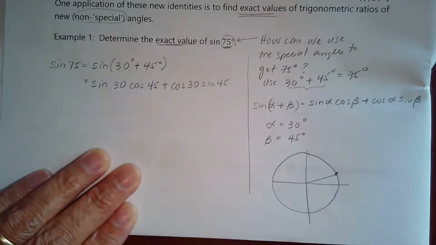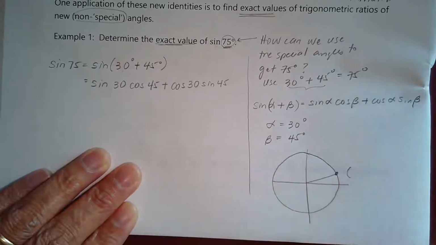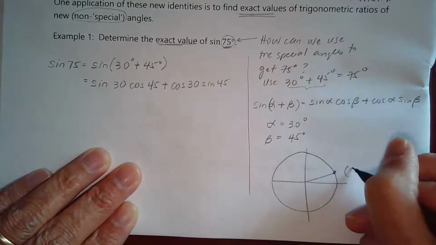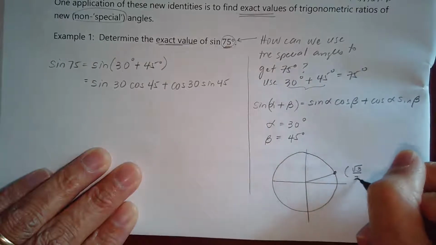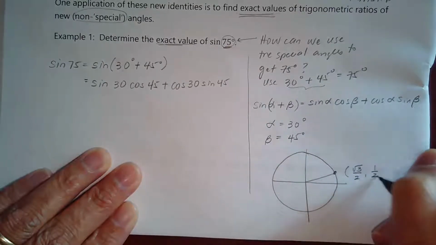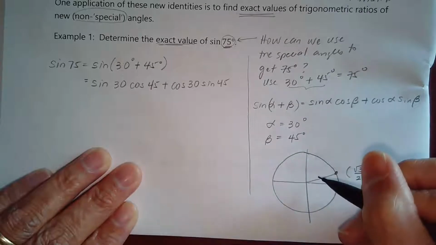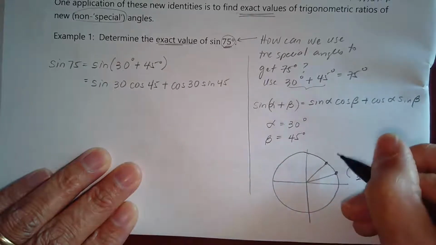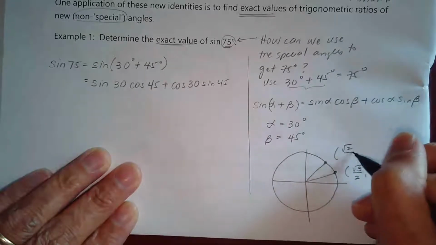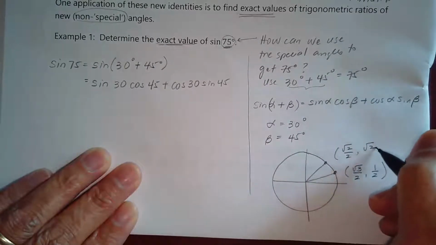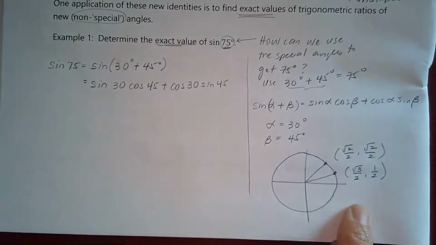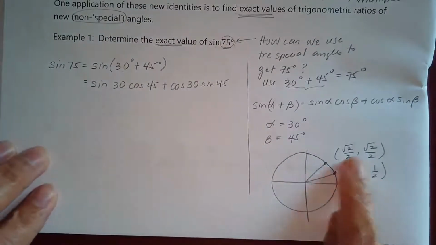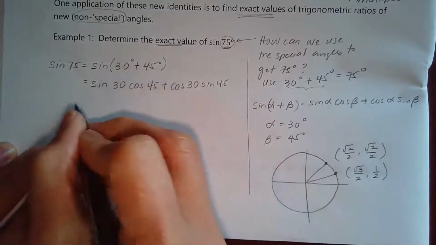The coordinate for that is root 3 over 2, comma 1/2. And 45 degrees is going to be root 2 over 2, comma root 2 over 2. So we're going to use these values.